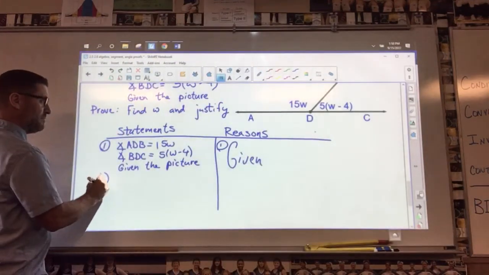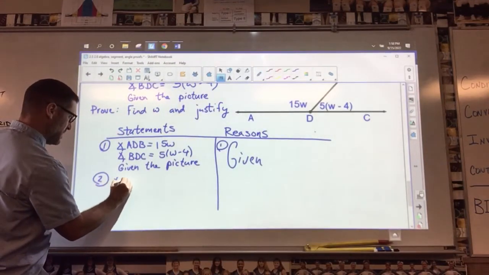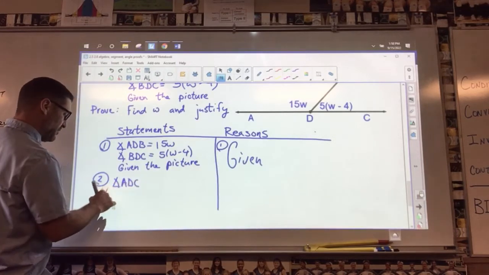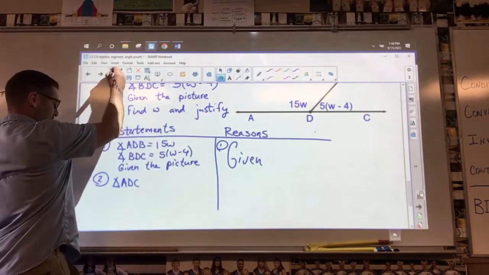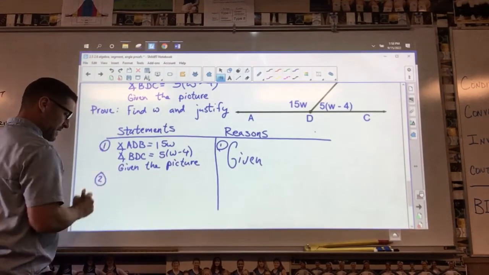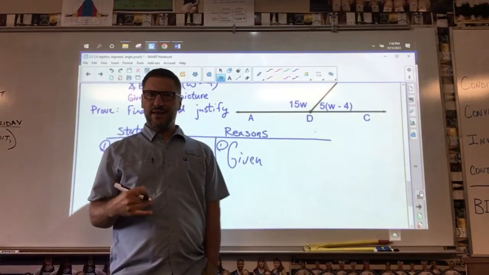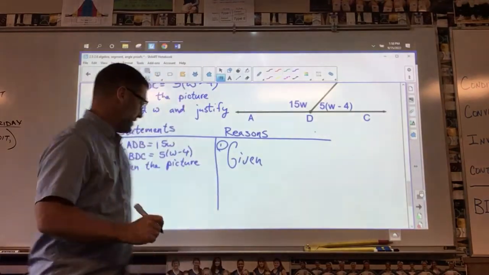Step number 2, I'm gonna write that angle ADC. If you ever look at a book, books and Canvas quizzes and stuff like that, I sometimes drop in a little M that they put in here.